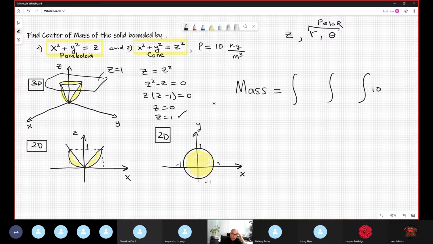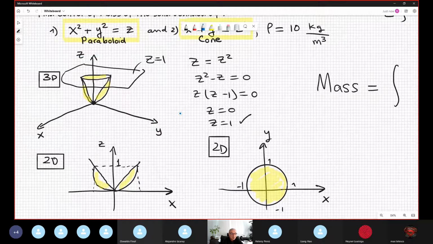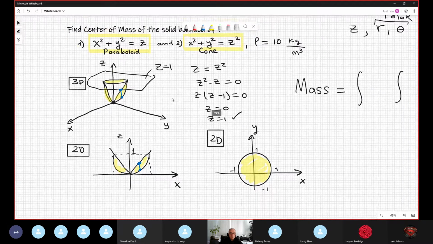And Z goes from, for example, when you integrate dZ first, I go to the 3-dimension picture. Okay, I go from the paraboloid to the cone. Another point of view to see more clearly, I go from the paraboloid to the cone in that direction, Z direction. This idea is correct.